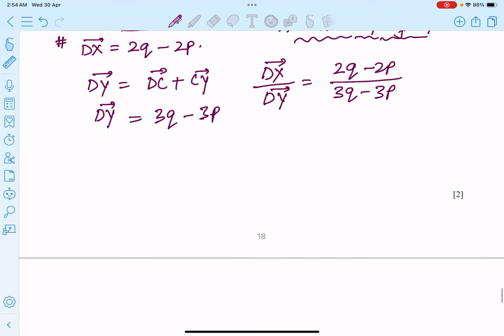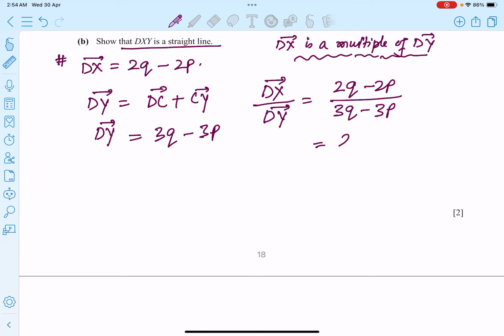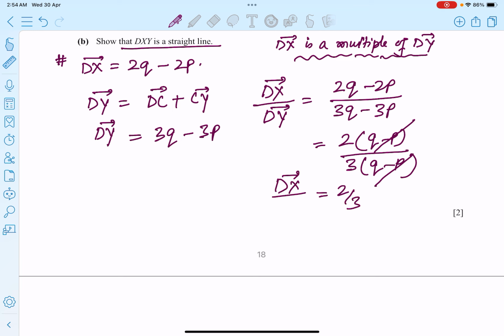Now if I take common 2 in the numerator, this is Q minus P, and in the denominator we have 3 times Q minus P. So both are exactly the same. If you cancel this, we get 2 over 3. So DX vector over DY vector is 2 over 3. If I move this, we get DX vector is 2 over 3 times DY vector.